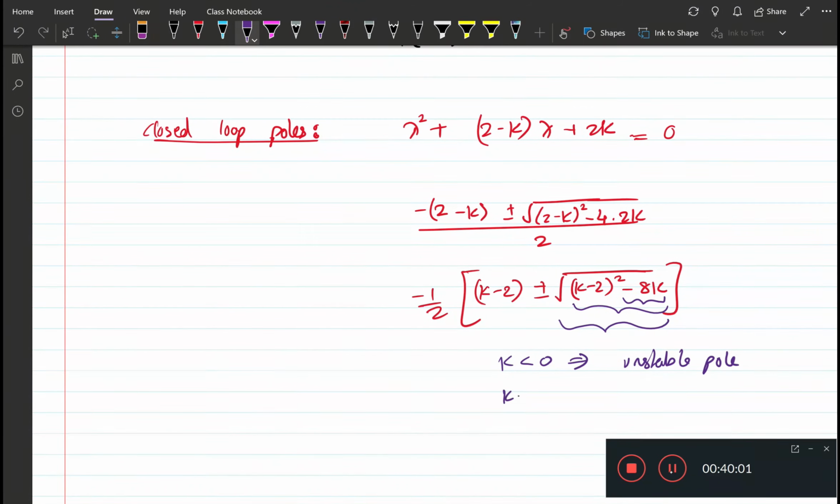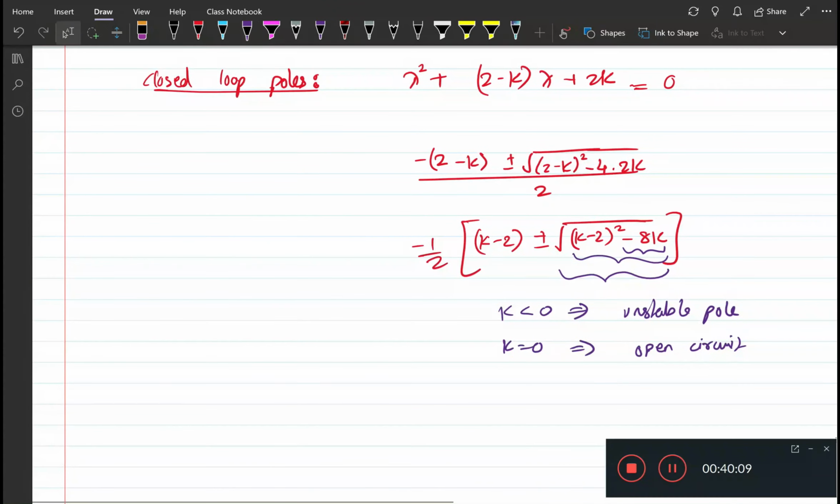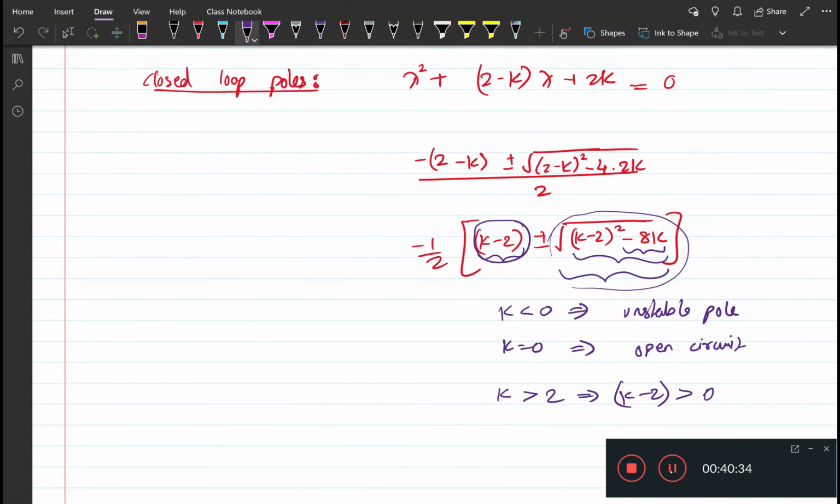K equal to 0 as before would lead to an open circuit, and for k positive, however, based on this term we see that if k is greater than 2, we would have k minus 2 to be positive, and this term would be less than that, so that would lead to an unstable pole again.